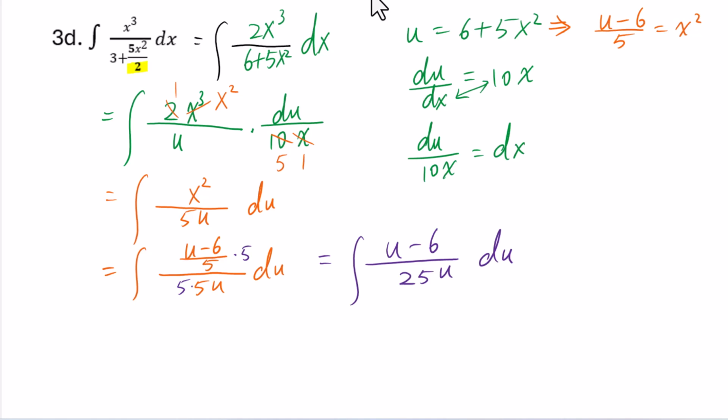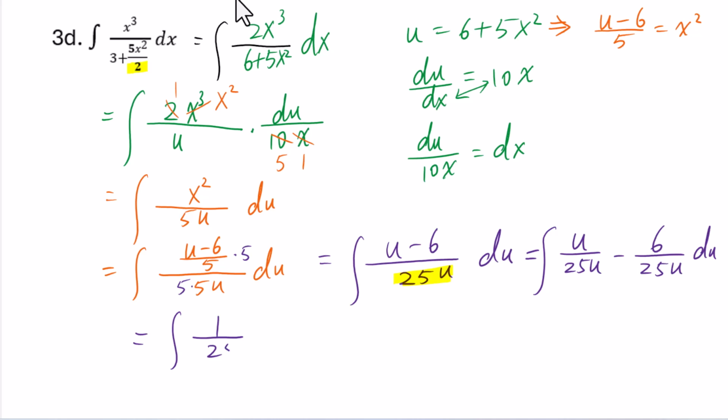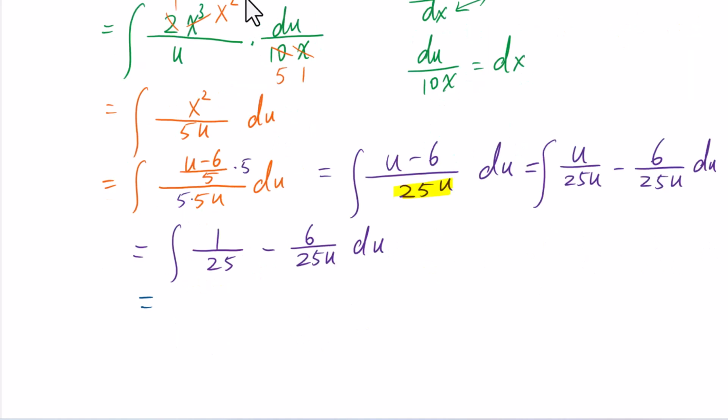Since the denominator is a monomial, we just need to separate. Equals integral u over 25u minus 6 over 25u du. Simplify: 1 over 25 minus 6 over 25u du. So we get 1 over 25 u minus 6 over 25 natural log of absolute value of u plus c.